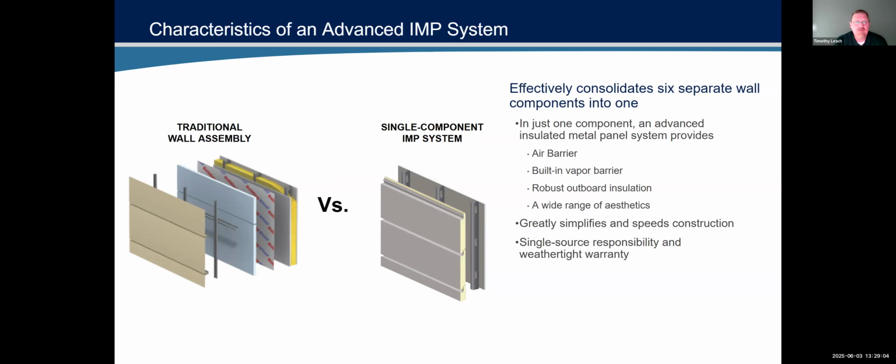It's a faster, simpler, cleaner way to do things than using this multi-component system. And because it is a barrier system, because it is that metal panel, it can actually provide a weather tightness warranty to go along with it.